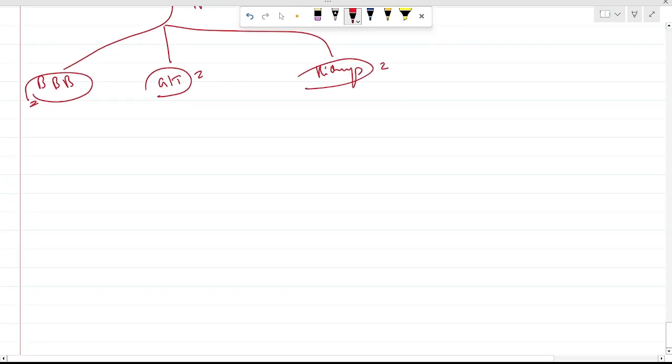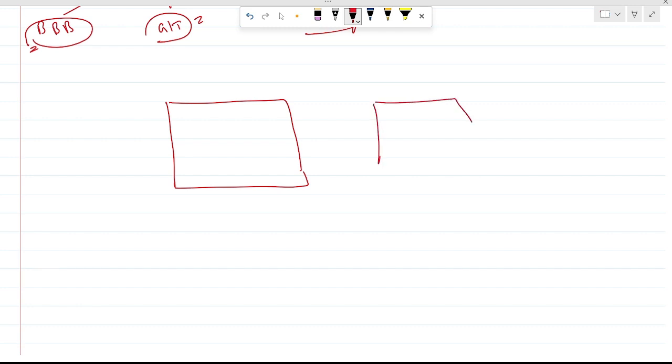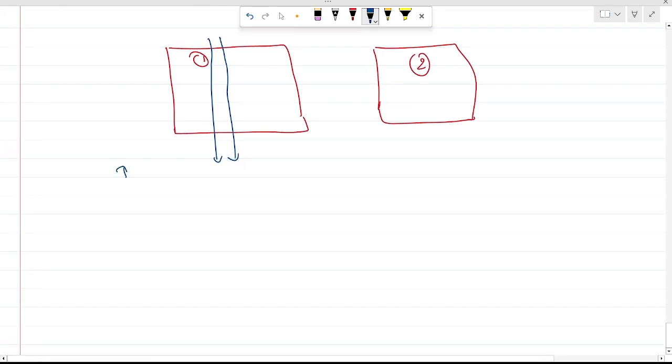So I'm going to show some types of movements here. This is cell 1 and this is cell 2. Here we have 2 types of movements. The first movement, across one cell, is called the transcellular pathway.